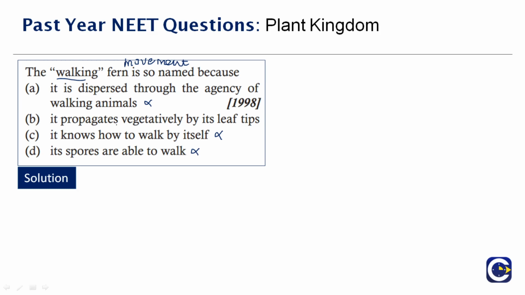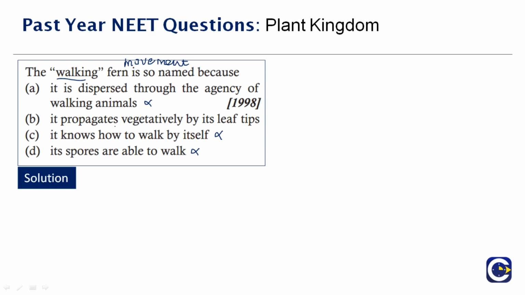When I say plant, there is some kind of movement within the plant which helps in food transfer, water transfer, storage of water, food, etc. So the plant has some action within which helps it to survive. But the plant movement cannot be seen outward. It is not physically seen, but internally there is something happening in a plant. We all agree with that. So here, it is dispersed through the agency of walking animals. No.